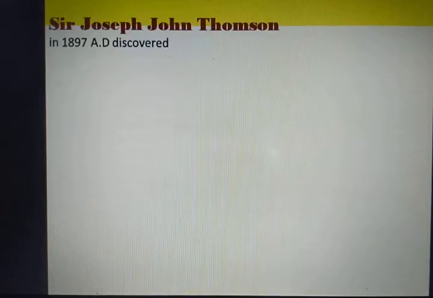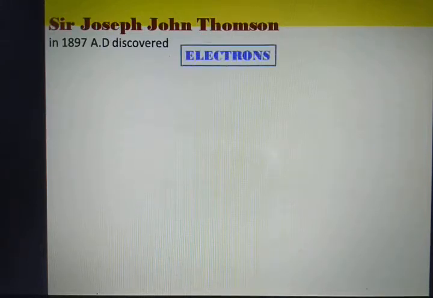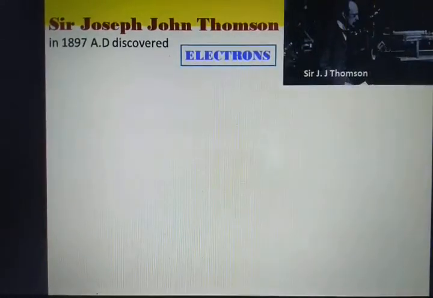Now, you remember that we stopped at the different particles of an atom. The first was Sir Joseph John Thompson, J.J. Thompson, and he discovered electrons in the year 1897.